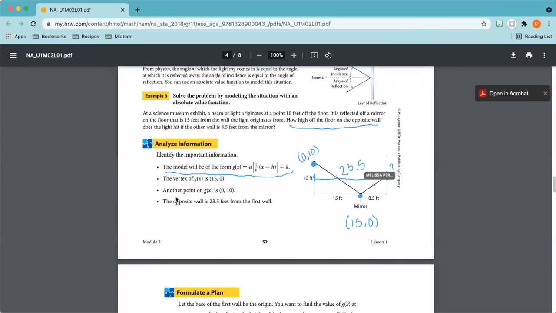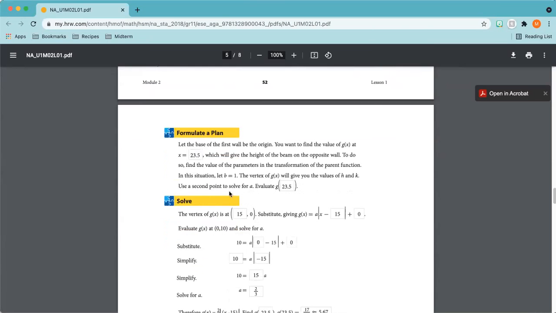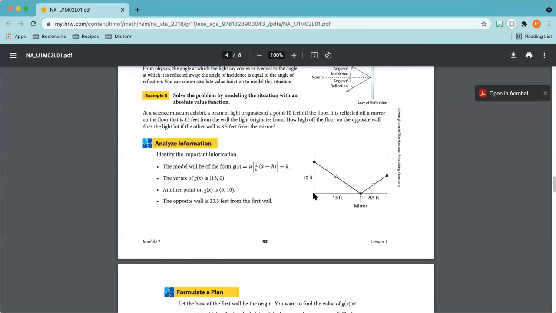It's a lot of different information, but it's okay. We can get through it. So let the base of the first wall be the origin. So this here is my origin, meaning this point here is (0, 0).